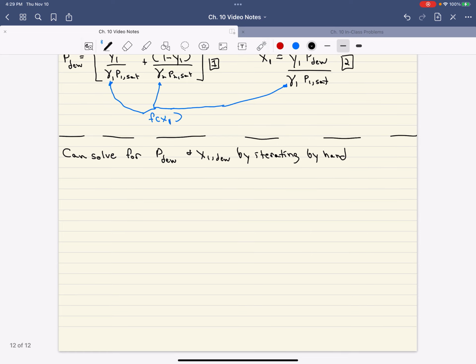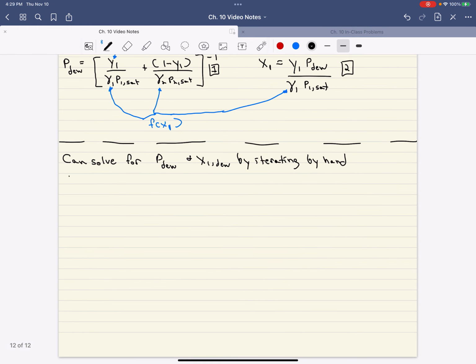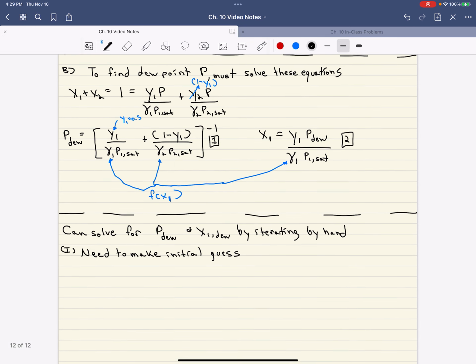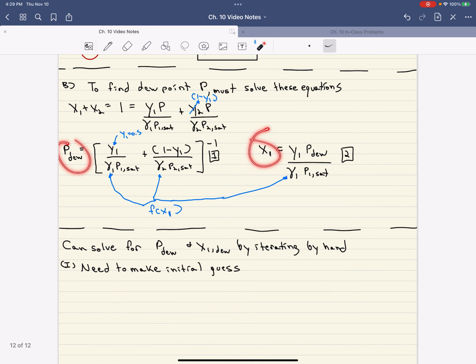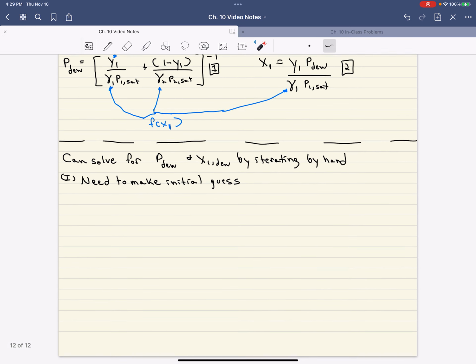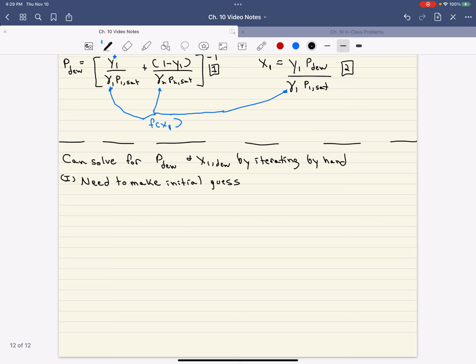Okay? And so when you're iterating by hand, the first thing you need to do is make an initial guess. Okay? So you need to make an initial guess for something. And you have different choices. You could make an initial guess for x1 or P dew, but what I'm actually going to suggest is that we make an initial guess for the activity coefficients.